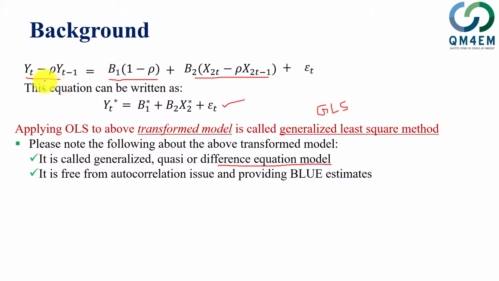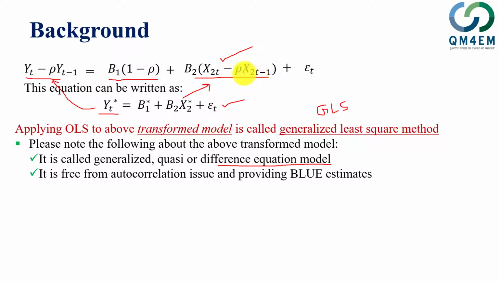Because this y_t star is equal to the difference of the y variable. Like you are subtracting y_t minus y_t-1, if I ignore the value of rho, which is the difference between the y variable and its lag value. Similarly, x2 star shows the difference between the x2 variable and its first lag.